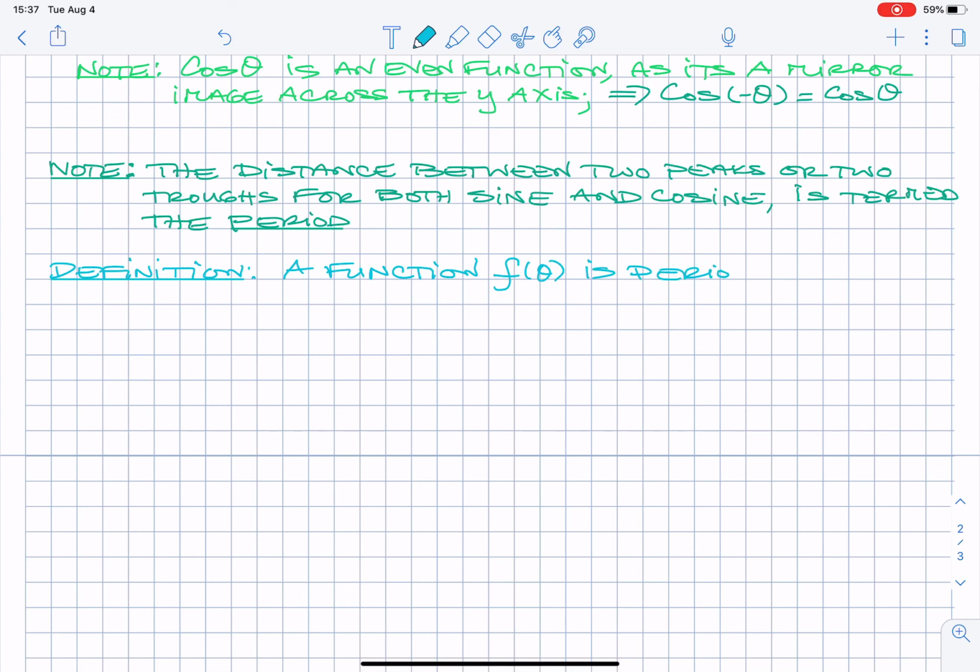That's what we're defining, periodicity. A function is periodic if there exists a real number p. Notice what I say versus what I write. Backwards E means there exists. P is an element of the real numbers.